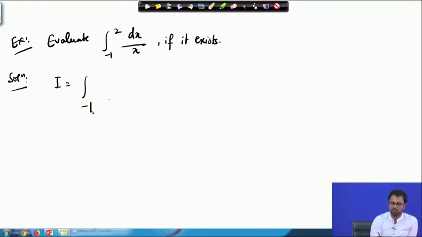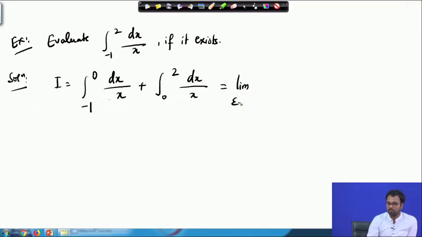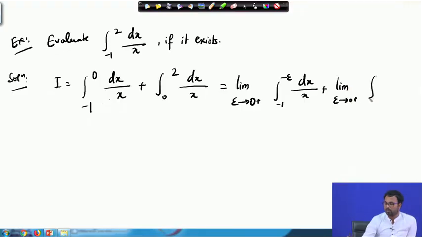So I can write it as integral from minus 1 to 0 dx by x plus integral from 0 to 2 dx by x, and then we can write it as limit epsilon goes to 0 positive of integral from minus 1 to minus epsilon dx by x, plus limit epsilon goes to 0 positive of integral from epsilon to 2 dx by x.